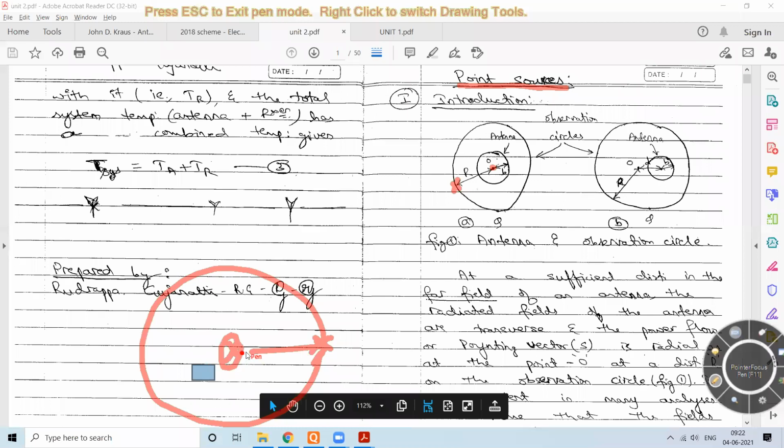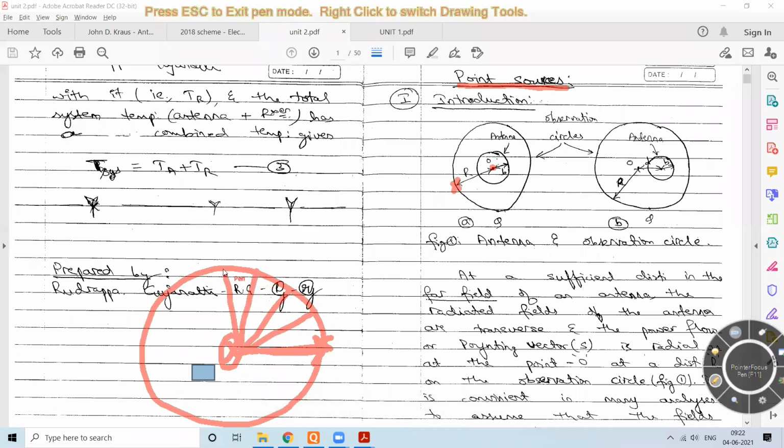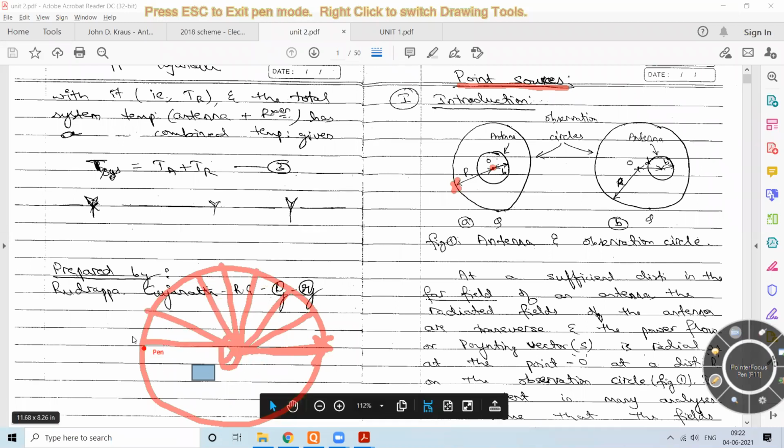Basically, you are just changing the angles. So at different angles, you are trying to measure the radiation being emitted by the antenna under study.